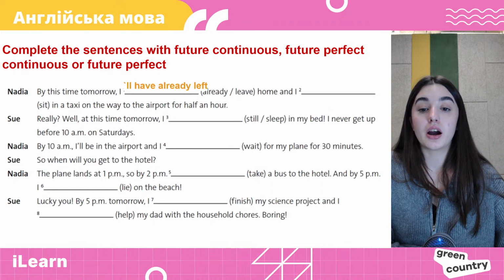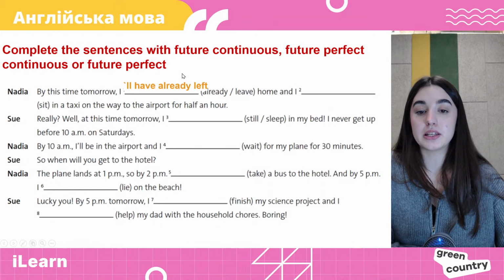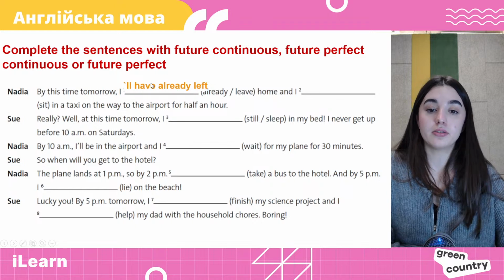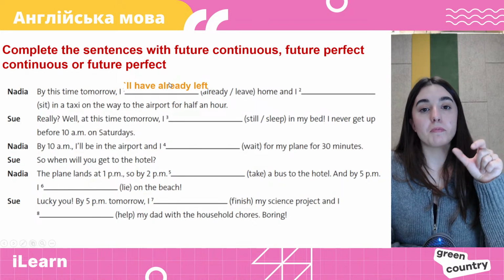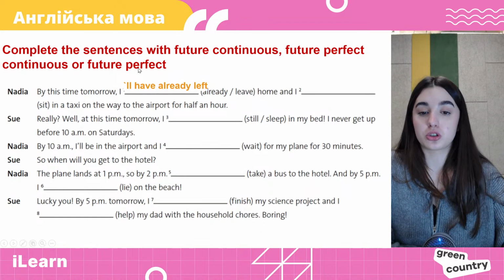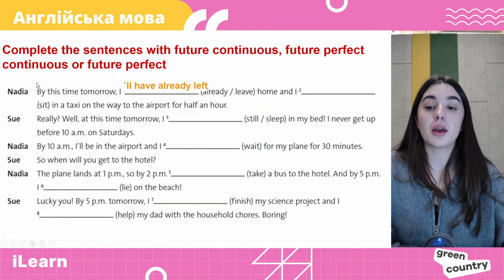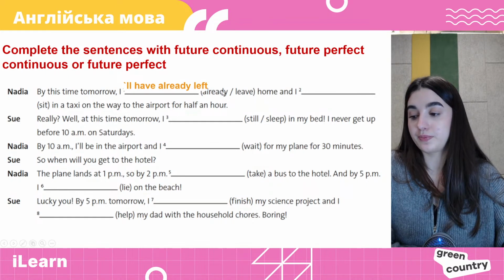Yeah. I will have already left. So please pay attention where we put have and left. We put already between these 2 words. So thank you. That was future perfect because we have here: by this time I will have already left.